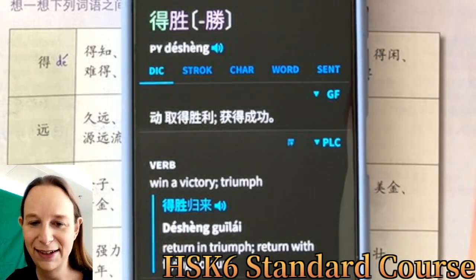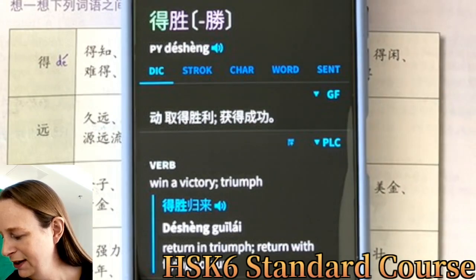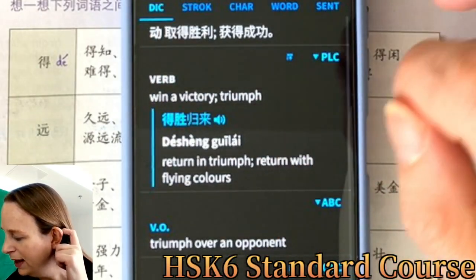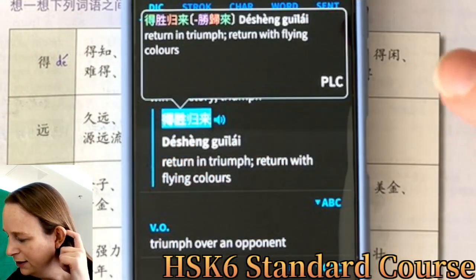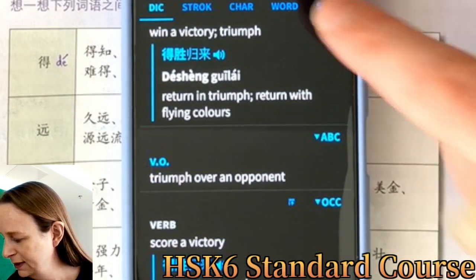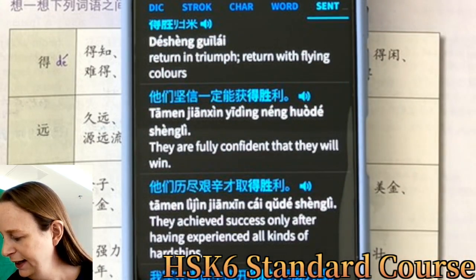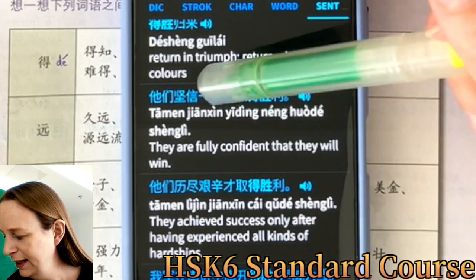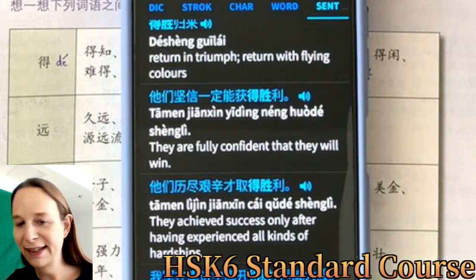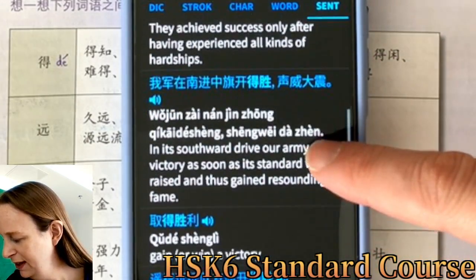So you know the characters, you know the words. 取得胜利，获得成功，得胜归来，return triumphant。他们坚信一定能获得胜利。This is different. This is 获得. So maybe all of these.